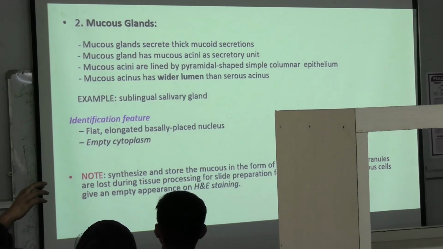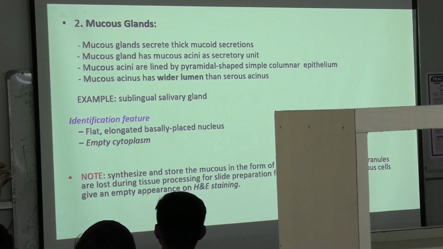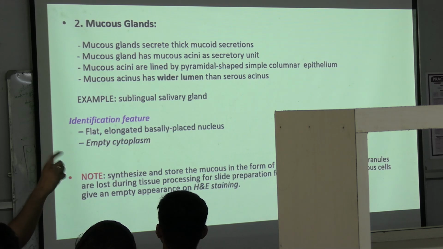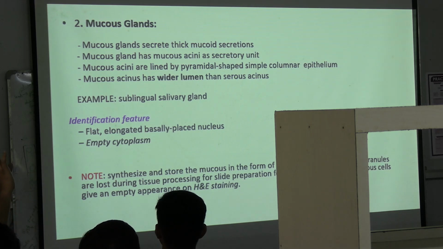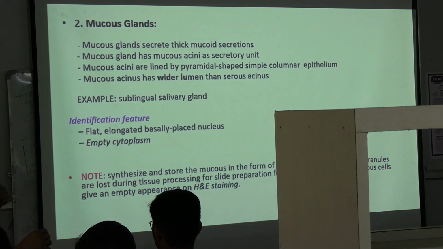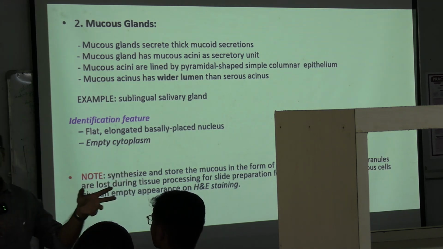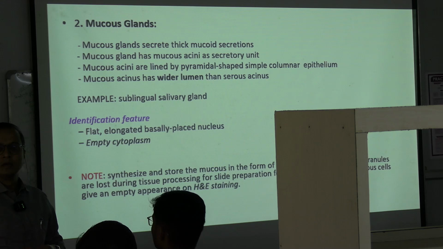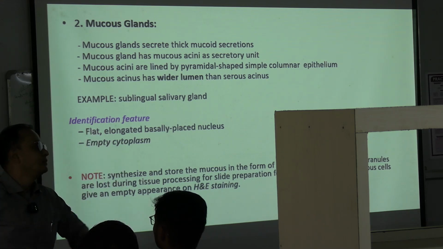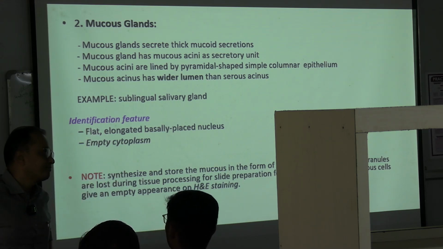Now, other than this, there is how these particular factories are fitted with a kind of sewerage system, like a duct. The lumen of the duct, you can look into it, whether it is a narrow tunnel or a big tunnel. Now tell me with your common sense, if you have a watery fluid and a sticky fluid, what kind of sewerage do you need to drain this fluid out?